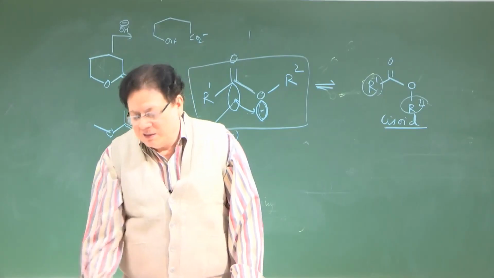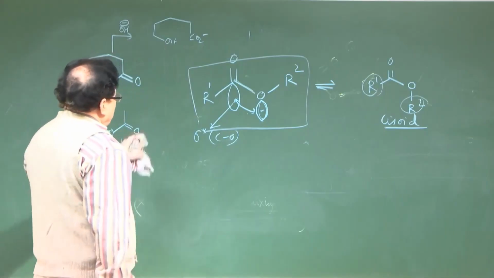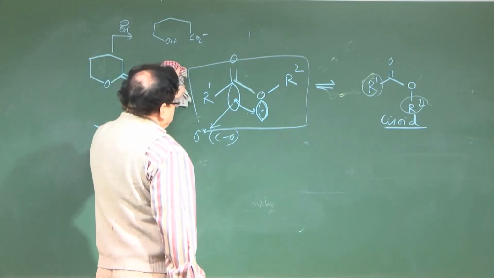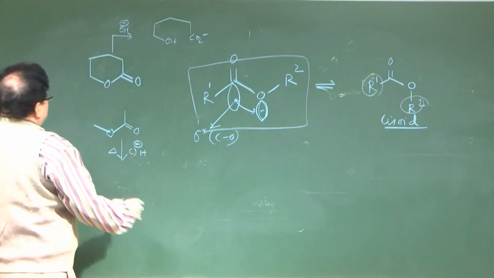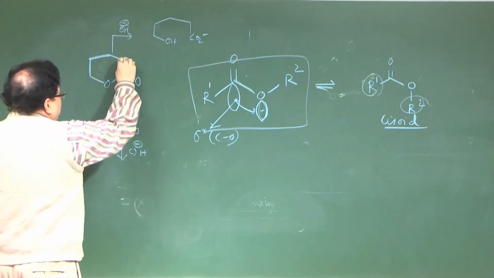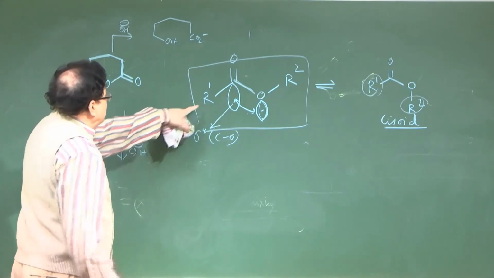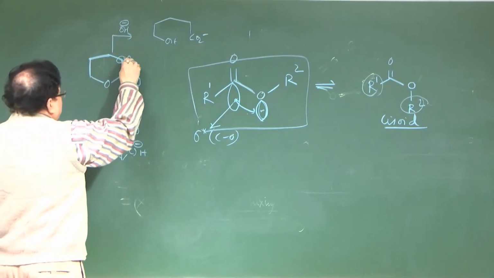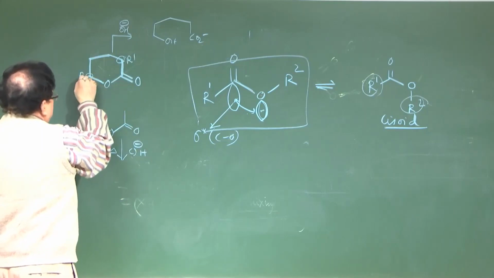Why is that? The explanation lies in what we have said about the preferential geometry of an ester. Now, in this lactone, this is the substituent attached to the carbonyl carbon, so this is the case of R1, and this is the substituent taking up the case of R2.